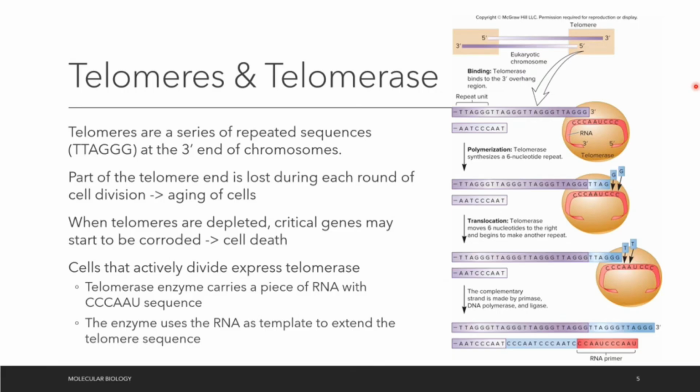So this piece of RNA will recognize the telomere sequences on the DNA, and then using this RNA, telomerase will act as a DNA polymerase of some sort, using this RNA as a template to extend the telomere sequences at the ends of the DNA molecules. So after its action, you can extend the telomere sequences further.